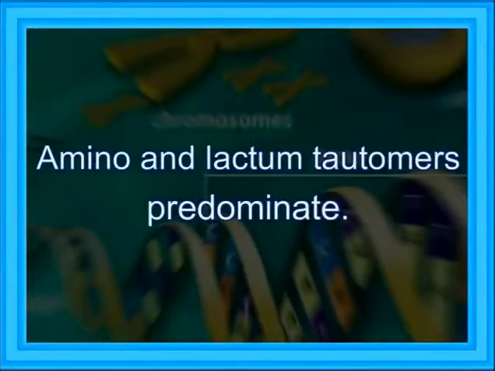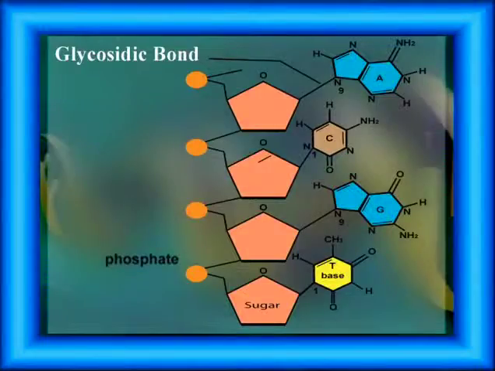The 2 forms of each base exist in equilibrium. But under the conditions found inside most cells, the amino and lactam tautomers are more stable and therefore they predominate.